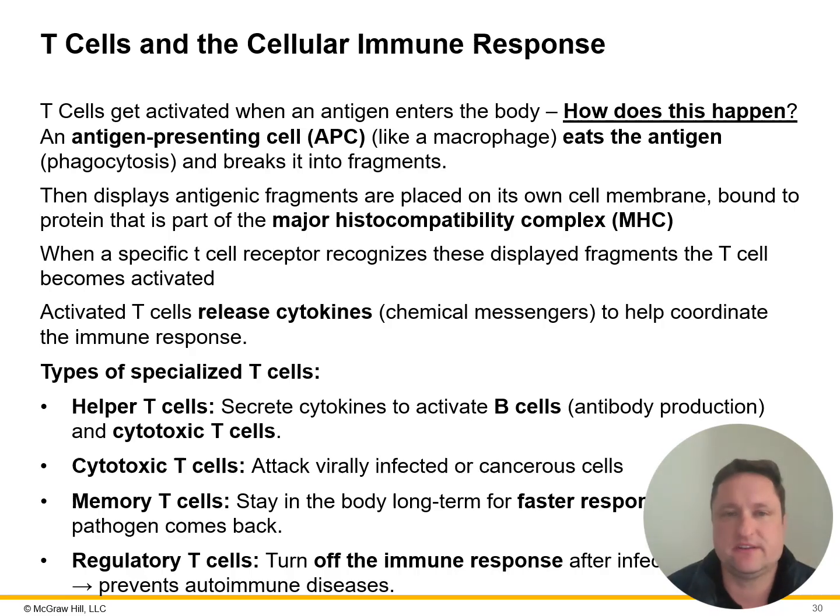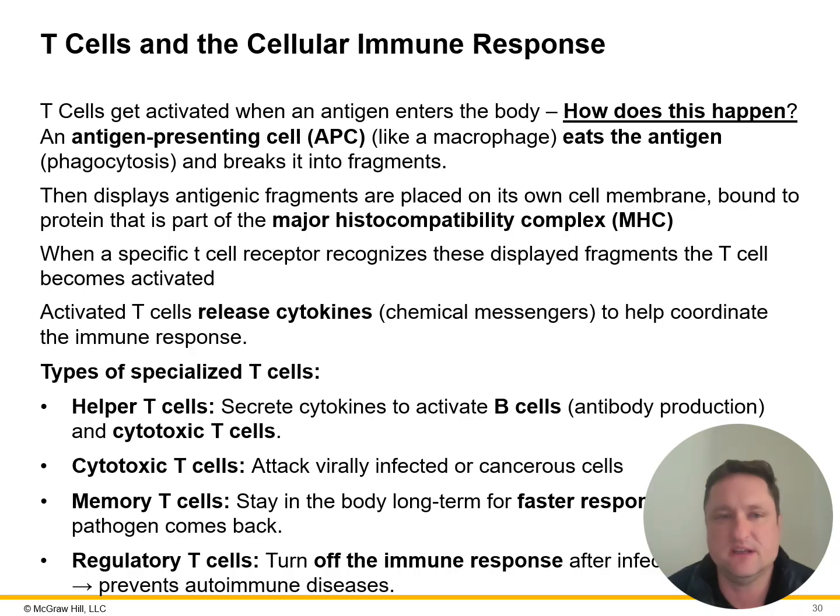So when a T cell gets activated, it starts with an antigen presenting cell, also called an APC, such as a macrophage. The APC engulfs the invader by phagocytosis, digests it, and then displays a small antigen fragment on its own surface.